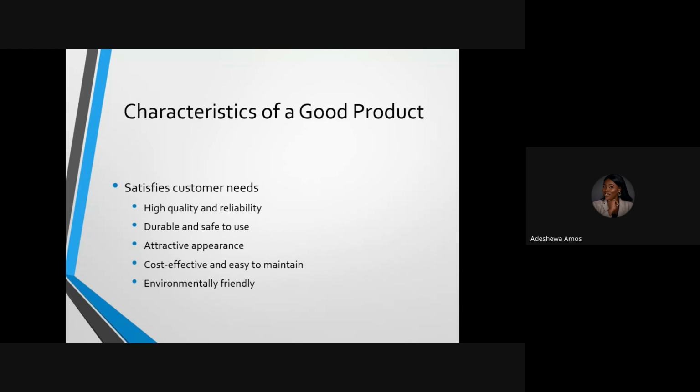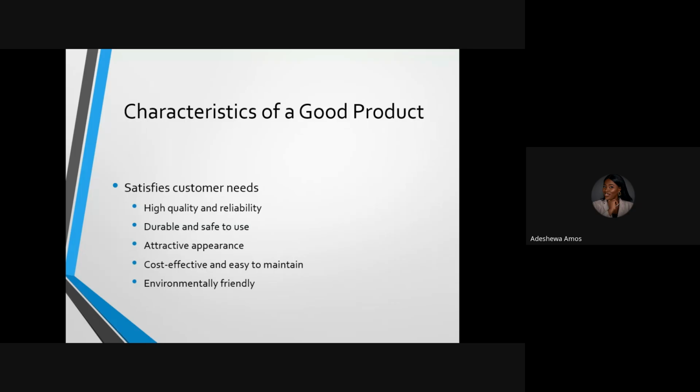You should use it knowing that with this product that I'm using, no harm will happen to me. And it should be durable as well. That's to say that it should not be something that will perish easily, that will spoil quickly. It should be something that you can store for at least a number of time, okay.